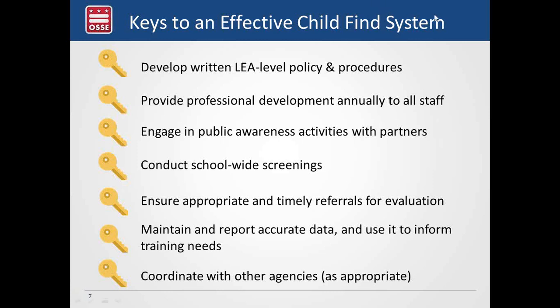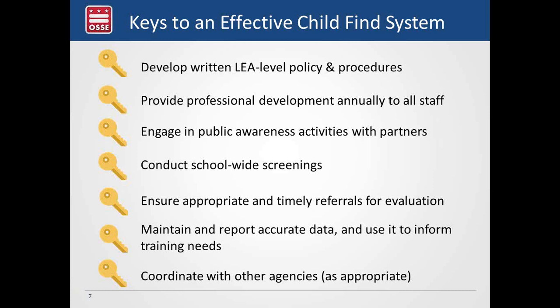Secondly, providing professional development to your staff is key. Child Find deals with students that are not yet in special education, so you cannot rely simply on ensuring that you have really good special educators or those serving students already identified as having disabilities. You cannot rely on just their level of expertise.